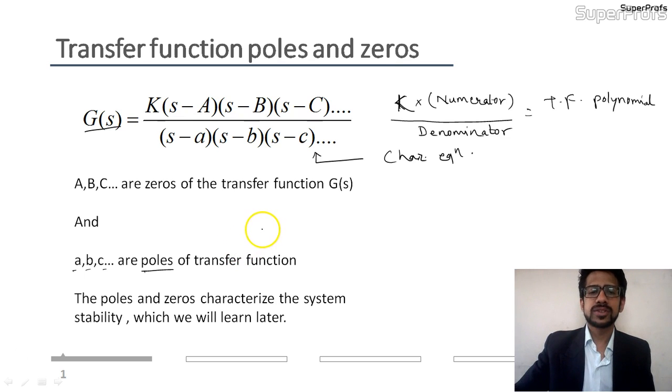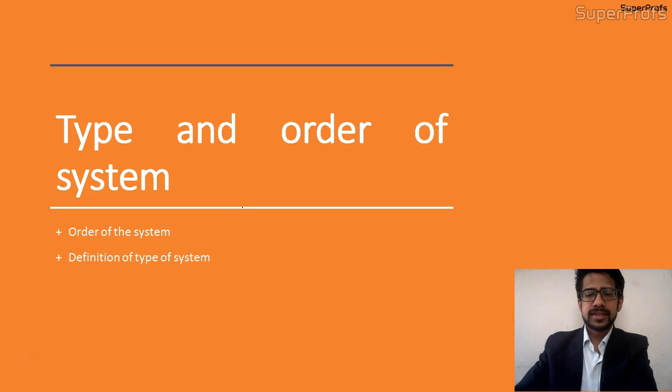The poles and zeros characterize the system for its stability, which we are going to study in the later slides. I hope you have understood what transfer function poles and transfer function zeros are. Let us go forward and see what is meant by type and order of the system.